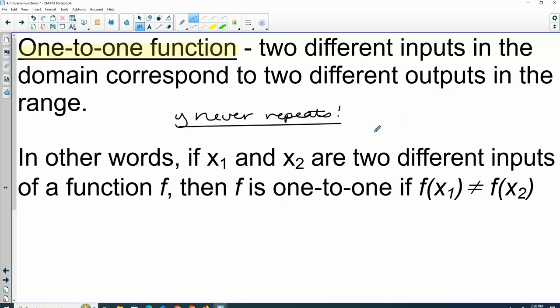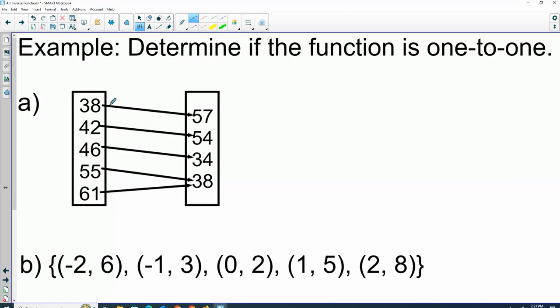Okay, so if it's a function, x doesn't repeat. If it's one-to-one, your y does not repeat either. So first, let's look at a couple and decide if they're one-to-one. So this is my function, these are my x's and my y's.